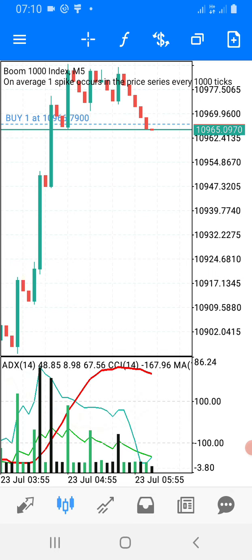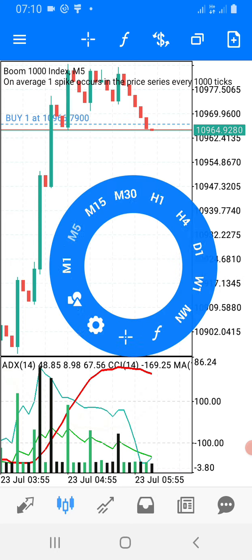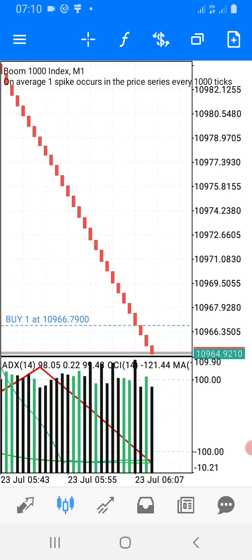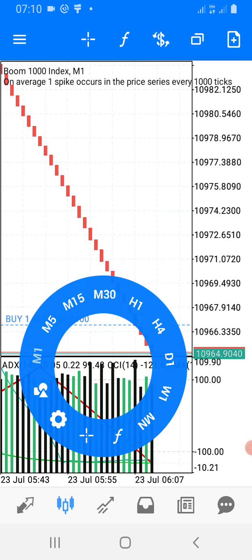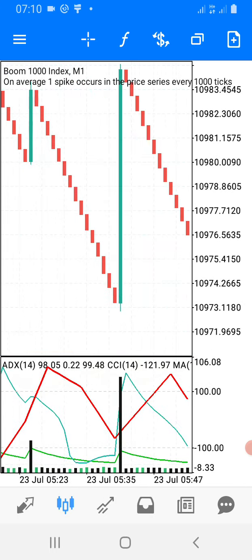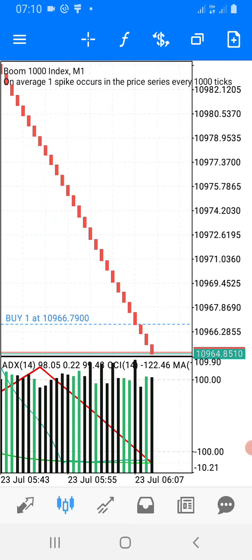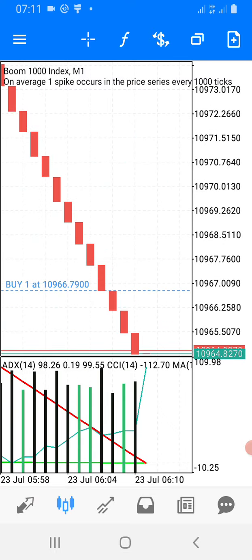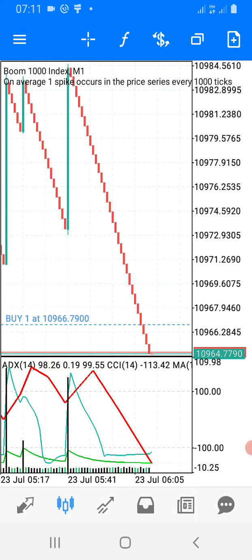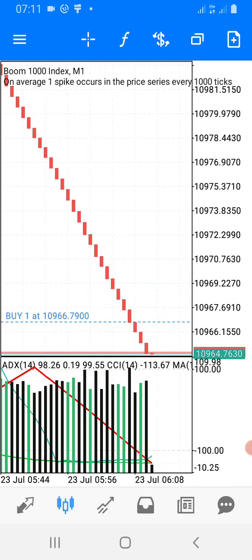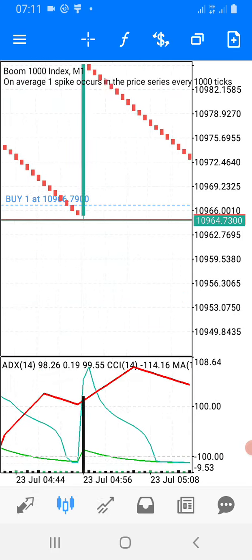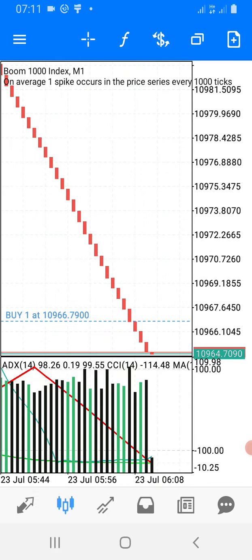I know the 5 minutes is indicating down, so normally I'm not supposed to enter this trade, but I'm entering in order to catch that little spike. The zoom level is the third zoom level, though you can also use the fourth, just as I'm using now.